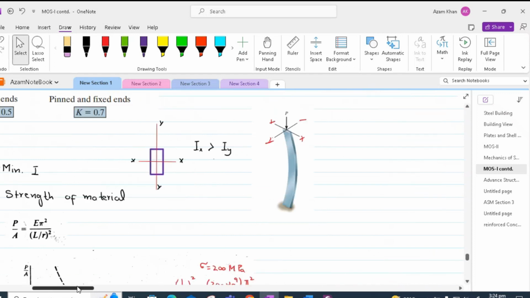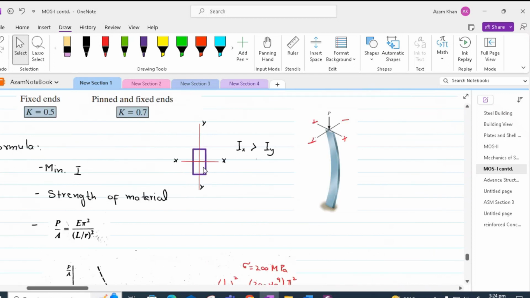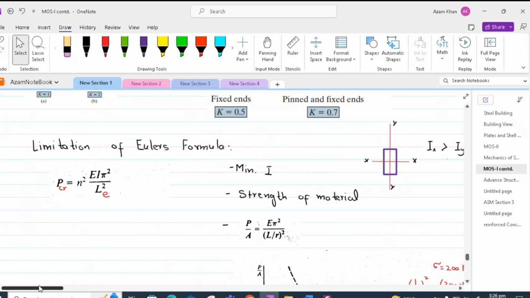In other words, if we have a rectangular cross section, the moment of inertia in one direction will be bigger than the moment of inertia in the other direction. So Iy will be smaller than Ix. Hence, the column has a tendency to buckle in the least moment of inertia direction, which is yy. That can be clearly seen from this equation.